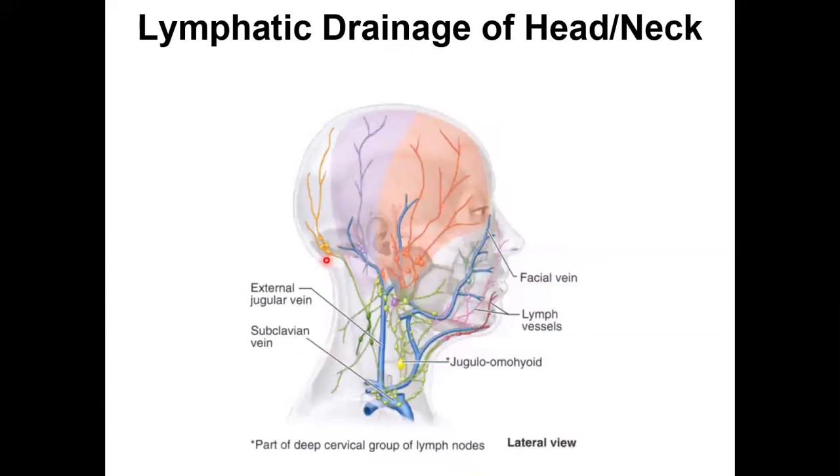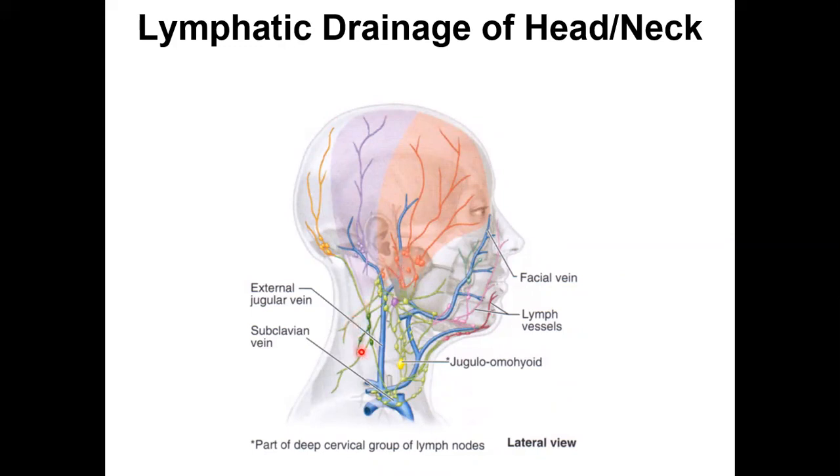So when thinking about these lymph nodes, you have to think about what are they draining? What area of the head or neck are they draining? So your occipital lymph nodes are going to be draining this posterior portion of your scalp. Your retroauricular nodes are going to be draining this middle portion. Then your parotid nodes will be draining all of this area here from the front of your skull as well as your eye.